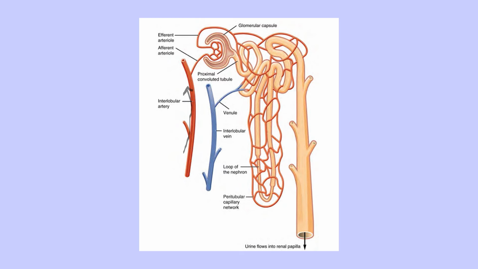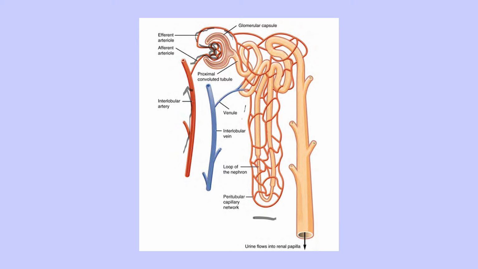The blood's coming in the afferent arteriole. So here's your glomerulus, the mass of capillaries. Blood's flowing through here, and then it's going to flow out the efferent. It's going to come down through this whole capillary structure that you see, this complex that is surrounding what we call the nephron right here.